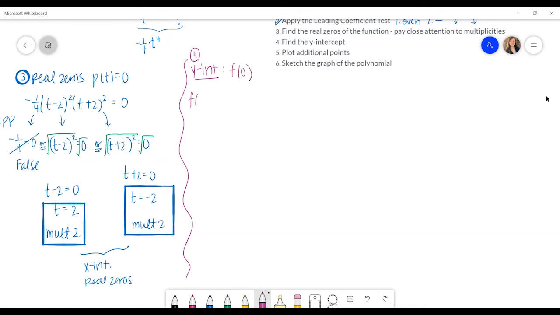So p of 0 is equal to negative 1/4 times 0 minus 2 squared and 0 plus 2 squared. So it's negative 1/4. Negative 2 squared is 4. Positive 2 squared is also 4. One pair of those will cancel, and we're still left with the other pair, so negative 4. So your ordered pair is 0, negative 4.